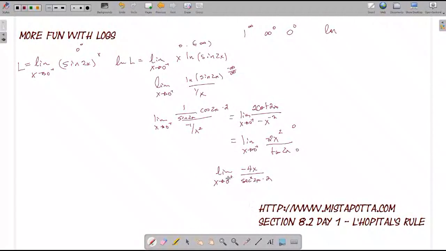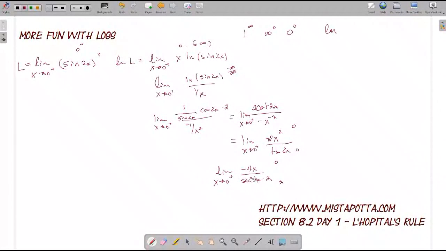But at this point now, if I try and substitute, I get 0 in the numerator, but I end up getting 2 in the denominator, because cosine of 0 is 1.